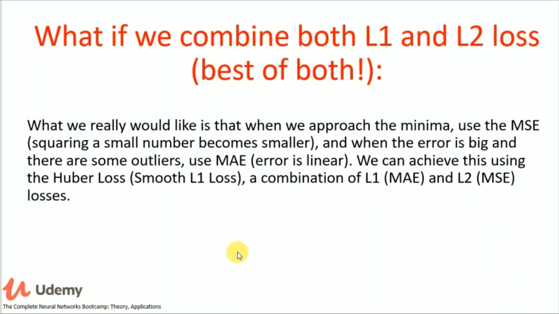And when the error is big and there are some outliers, we want to switch to the MAE, or the L1 loss. In this case, the error is linear. So we can achieve this using the Huber loss, and basically it's just a combination of the L1 and L2 loss functions.